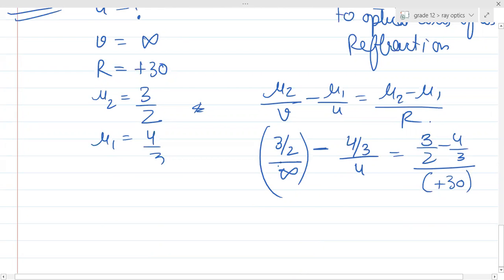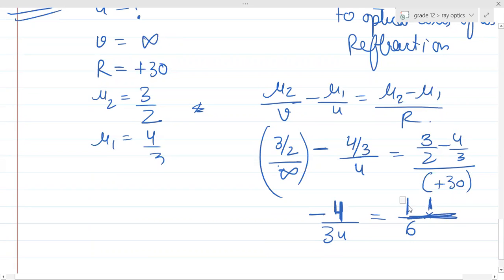So this is 0. Minus 4 by 3 times u equals 3 by 2 minus 4 by 3, which is how much? 1 by 6. 1 by 6 into plus 30.